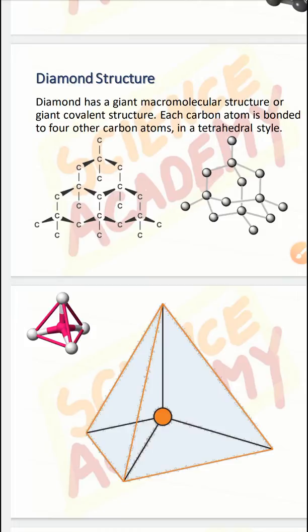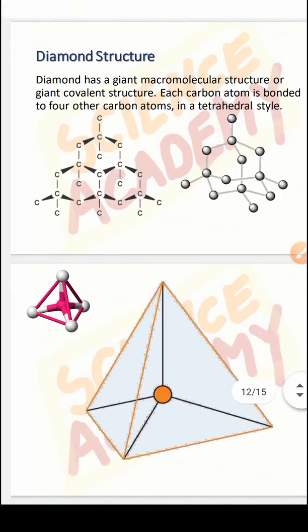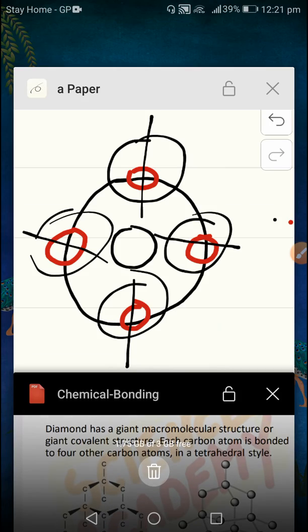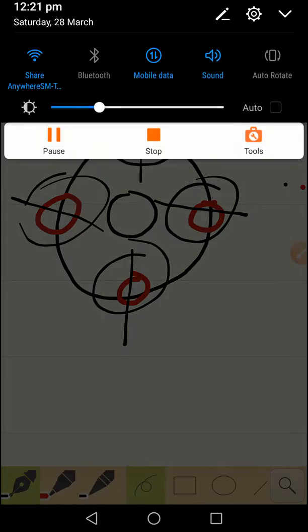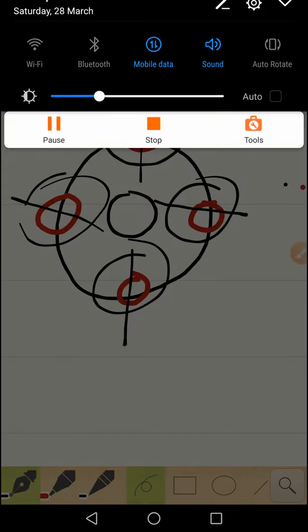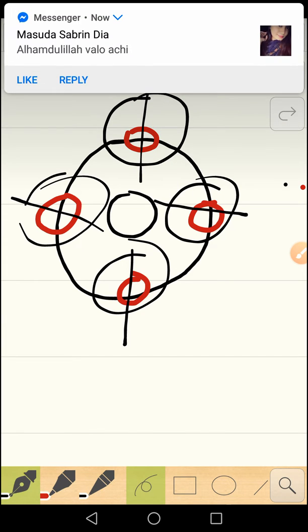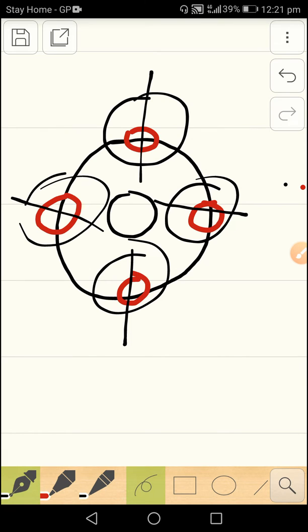Each carbon atom forms bonds with 4 other carbon atoms, and carbon atoms have 4 electrons in their outermost shell, for which in diamond carbon atoms can form 4 bonds.